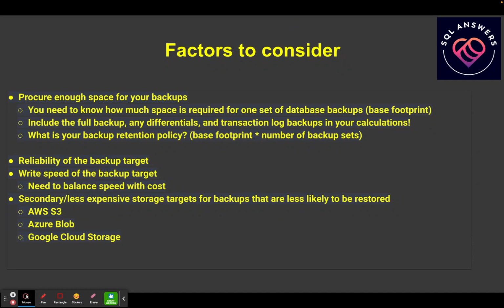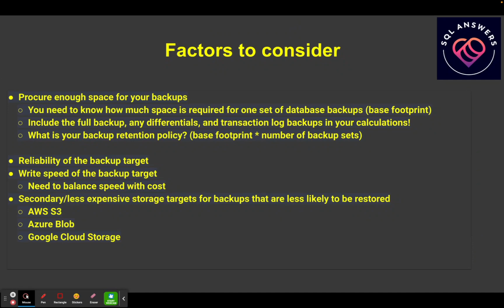And next up is the speed. You don't want to have a super slow backup target, but you have to balance the speed with the costs. You want to do some sort of benchmarking with your backup target. Make sure it's going to be adequate for what you need, but maybe not overkill. And make sure you're using something that's appropriate with your budget. And that's where the next point comes in.